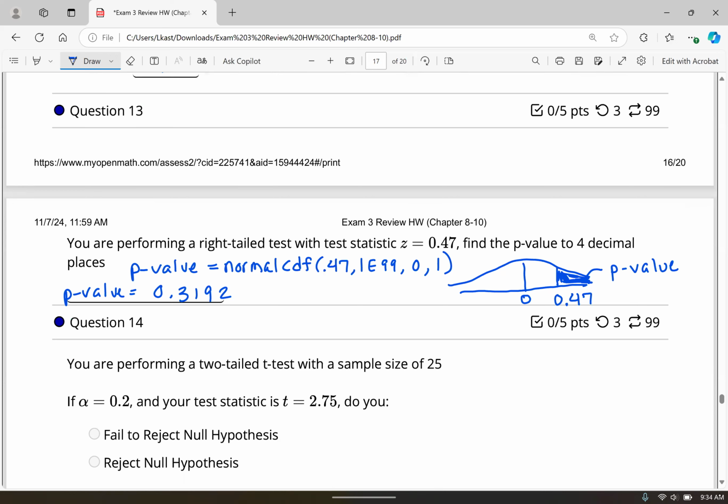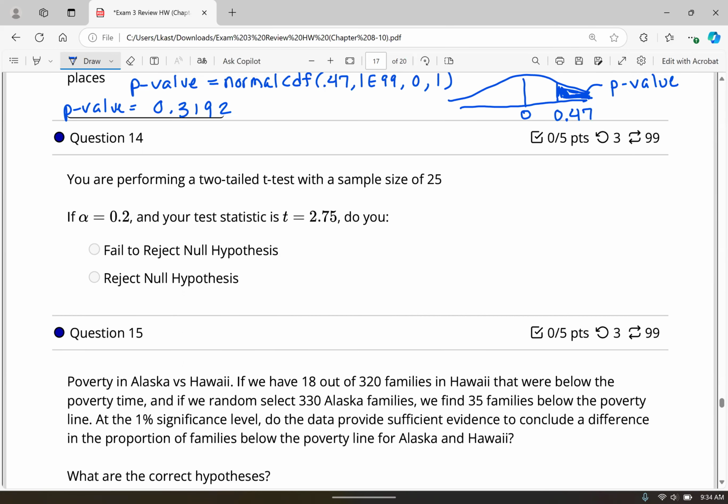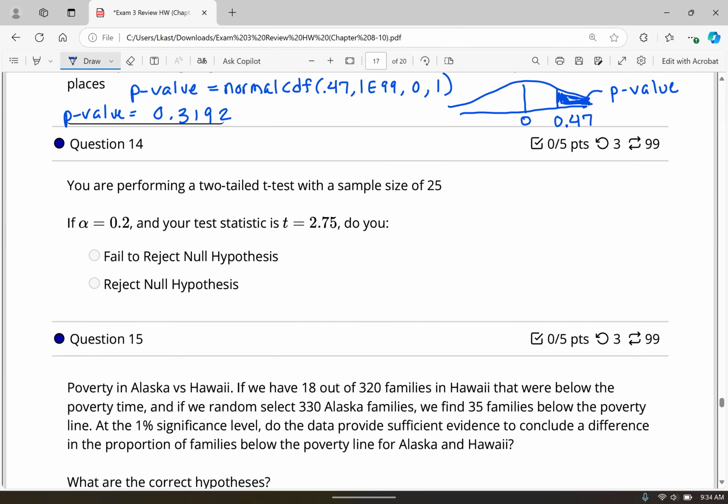So you're going to be performing a hypothesis test, but you're going to have to find the p-value. You're performing a two-tailed test. On your exam, it might be left-tailed, right-tailed, or two-tailed. I don't know. But in this problem, it's two-tailed.